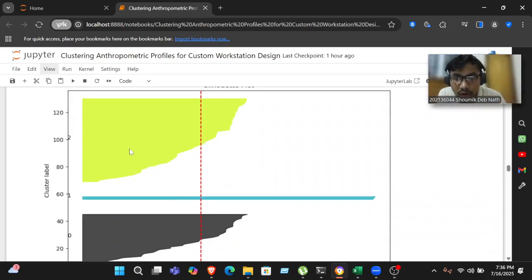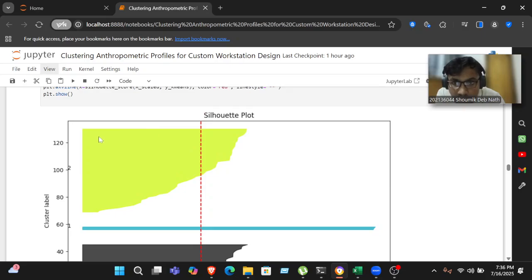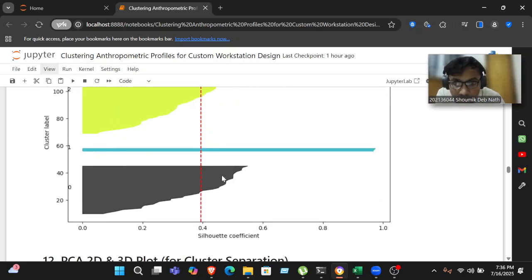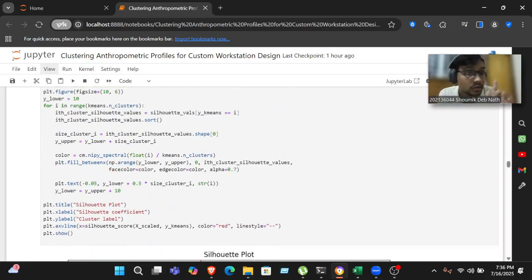As you can see here, the scores in the graphs are nearly crossing 0.5, or more than 0.5. So yeah, it's a good thing.